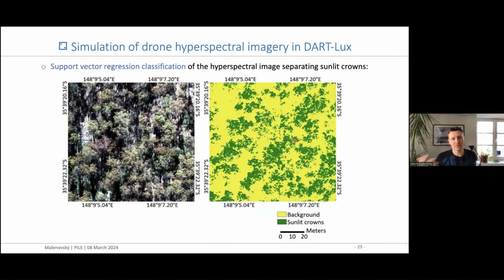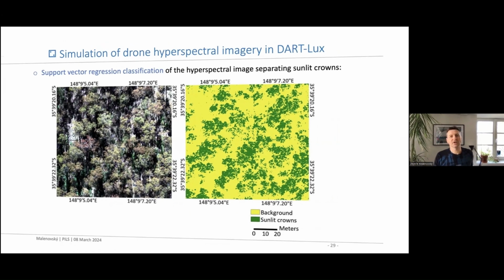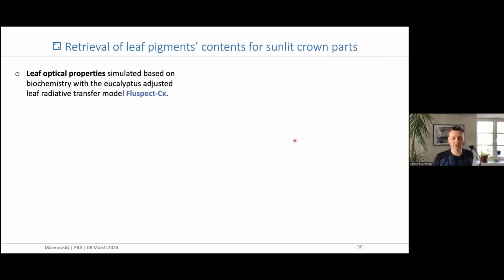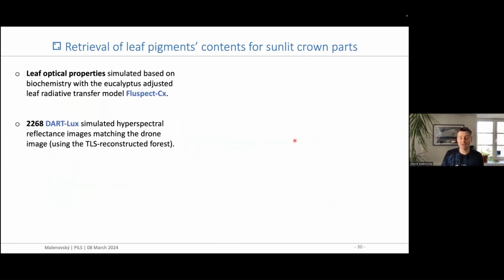And finally, we took only sunlit parts of the crowns because the trees are the object of interest for us. And then we used the FluSpect combination with the DART model to simulate 2,268 reflectance images, where we varied the chlorophyll, anthocyanin, and carotenoid content in the leaf.